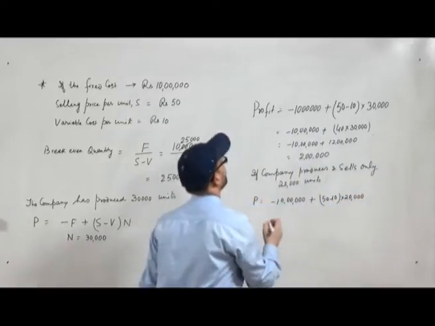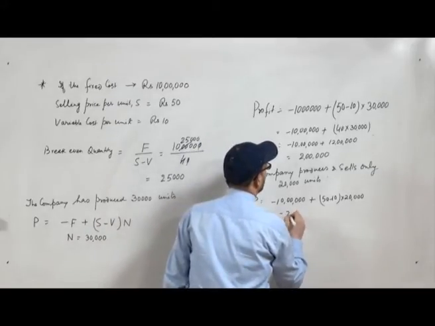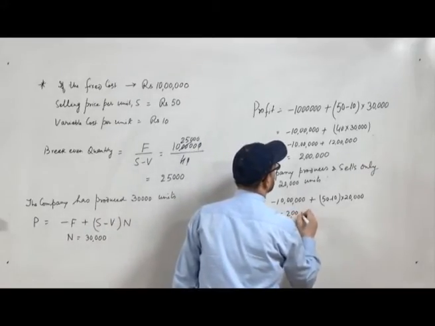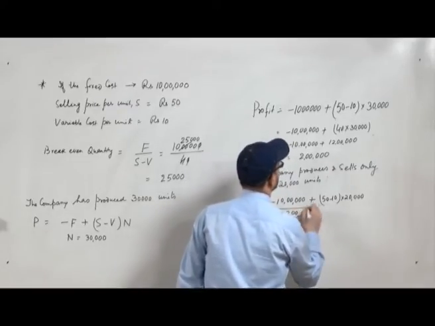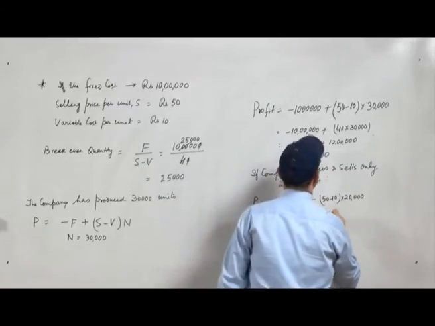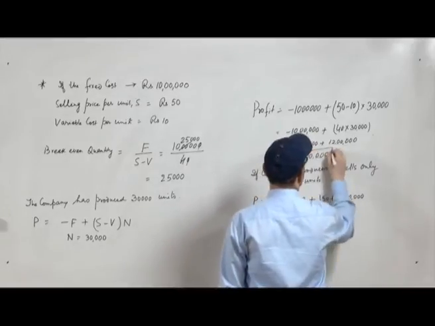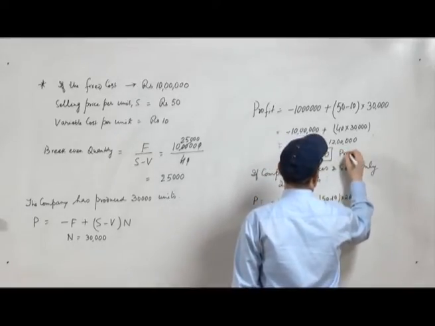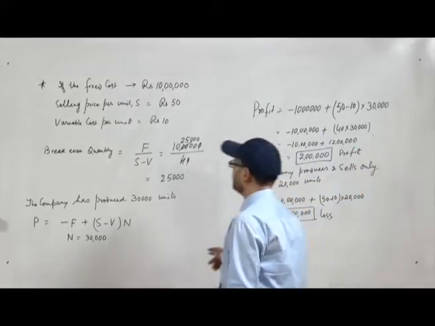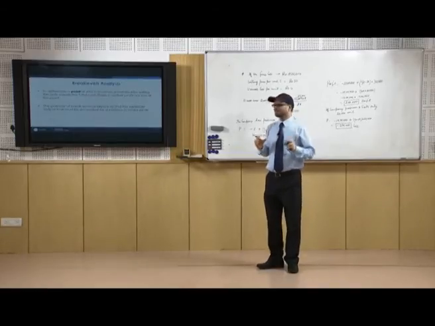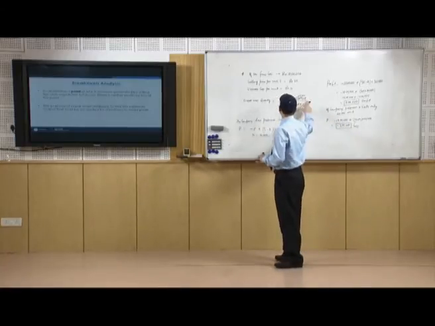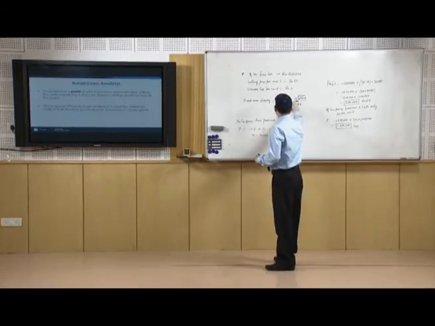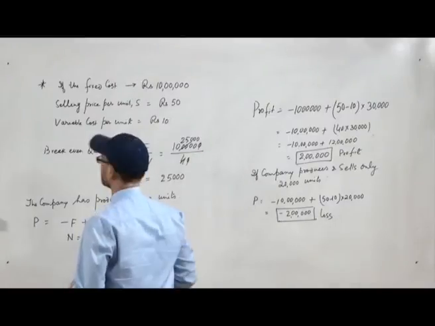So, this comes out to be minus of 2 lakhs. So, this results into a loss, and the earlier one is the profit. So, this is how you can calculate the profit and loss using the profit volume function and using the expression for the break even quantity to be produced.